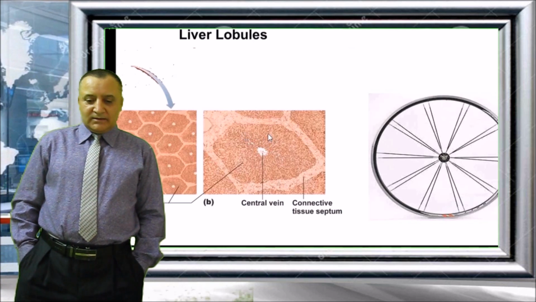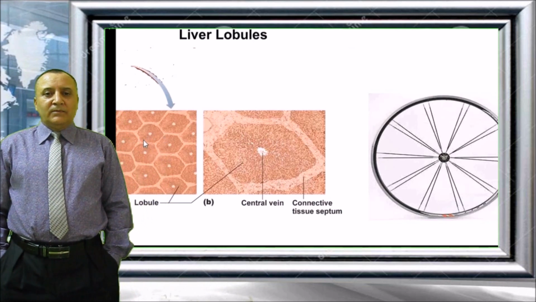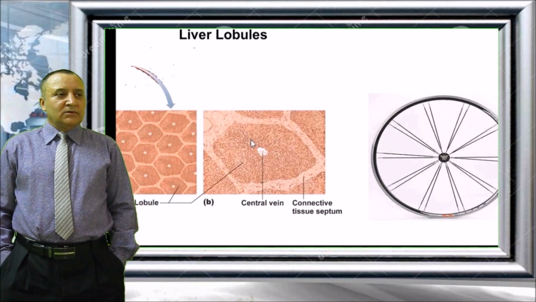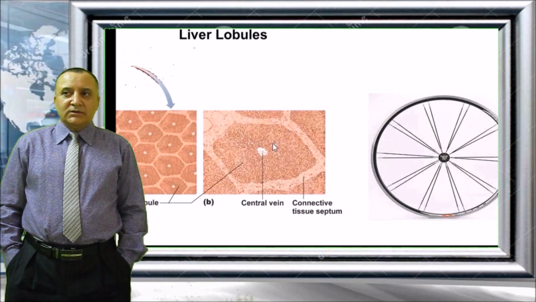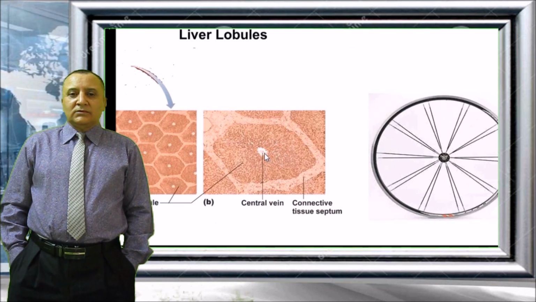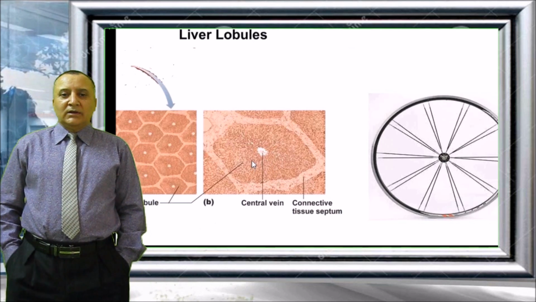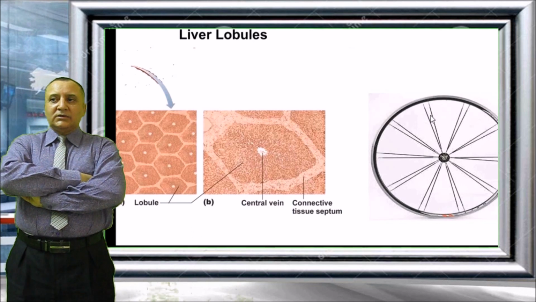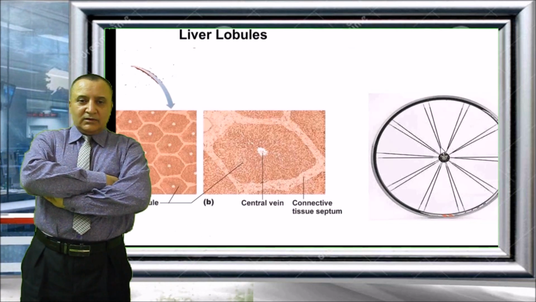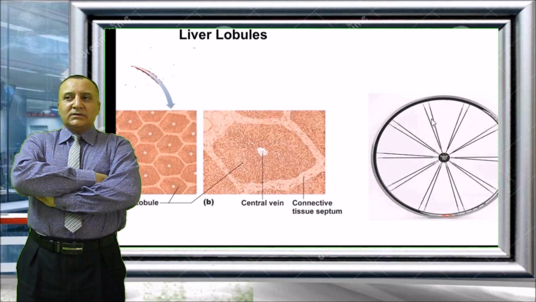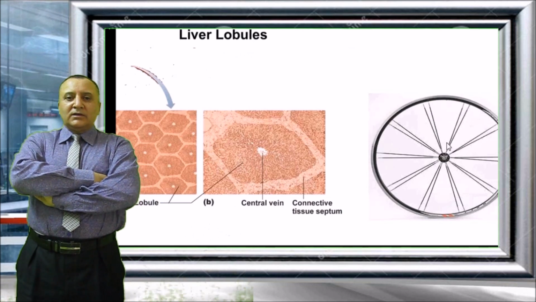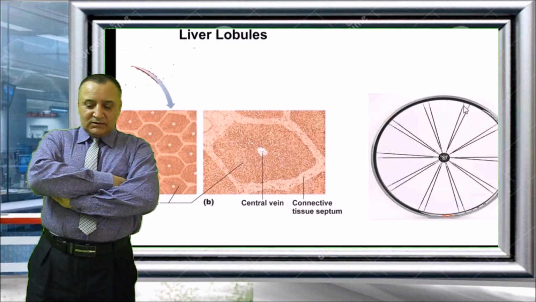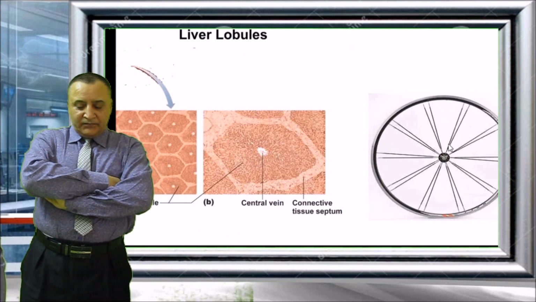So this is the hepatic lobule here, and these are the hepatic lobules. The cells are arranged radially like the spokes of a wheel in the hepatic lobule. These cells are placed like sheets or cellular plates, and they resemble the spokes of the wheel. And these cellular plates are 2 cells thick.